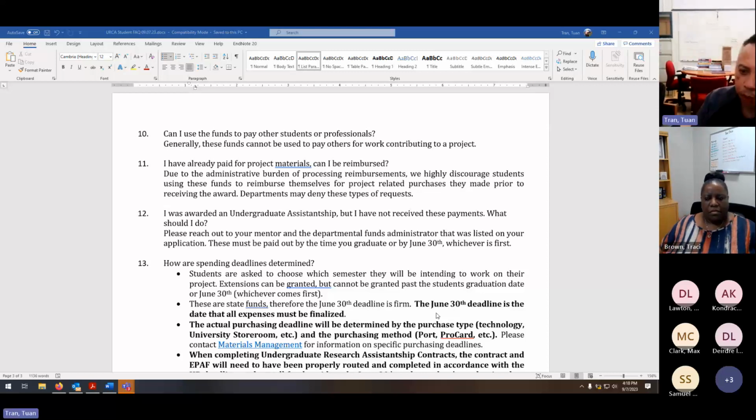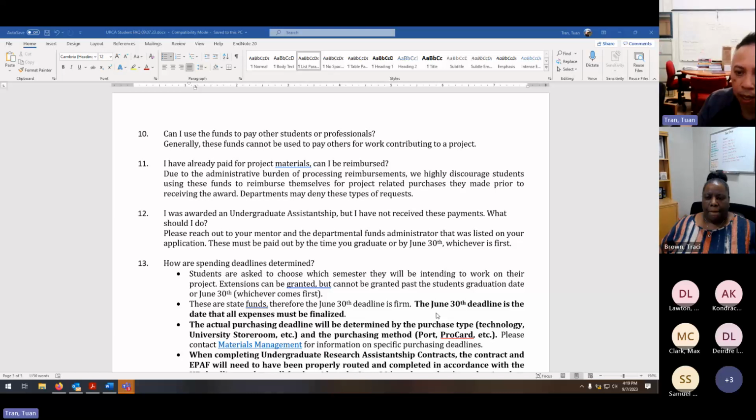One of the biggest challenges we always get towards the end of the semester when the funds are about to expire is that sometimes those funds have expired, but the student and or mentor did not take advantage of expending, and then the deadline's been passed.